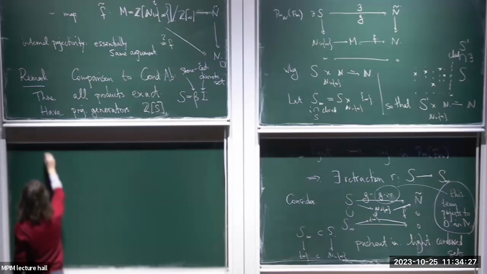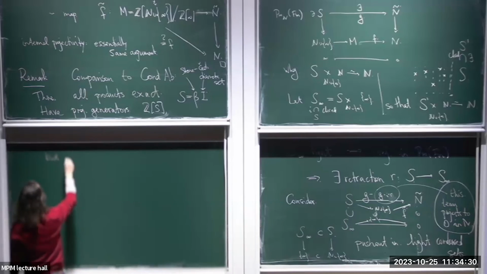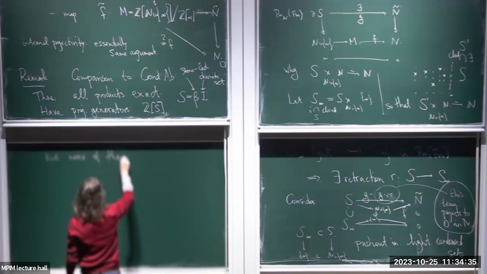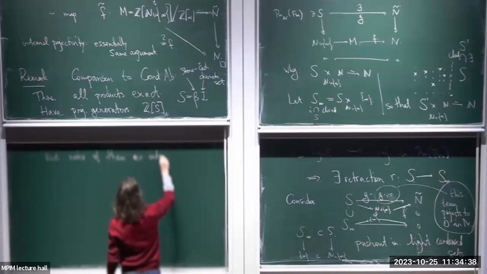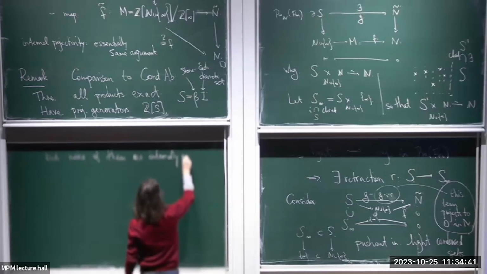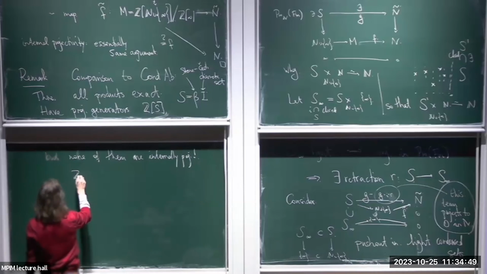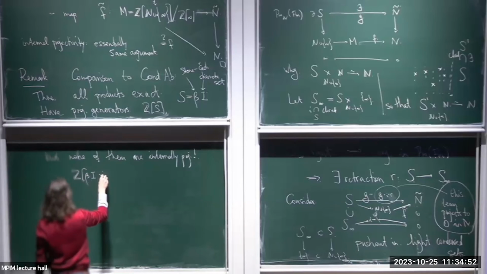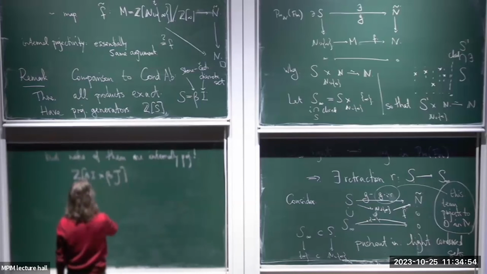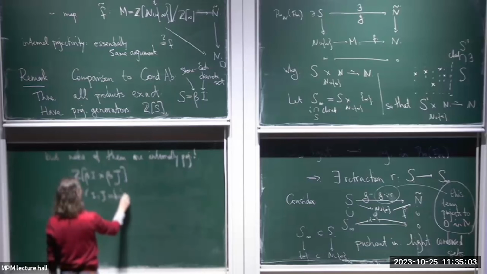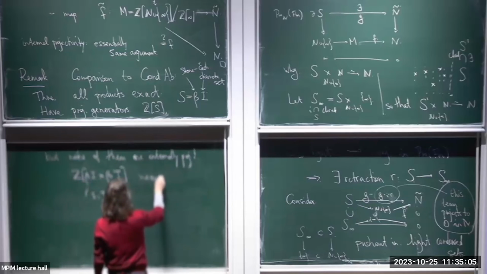But one thing I want to point out is that none of those projective generators are internally projective. So basically, this would amount to the question whether, if you take a product of two Stone-Čech compactifications, and I and J are infinite to exclude trivialities, then this is never projective.